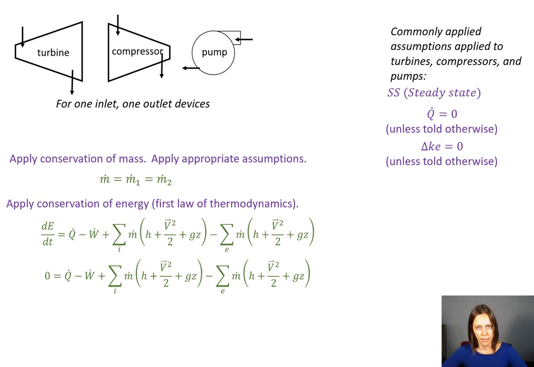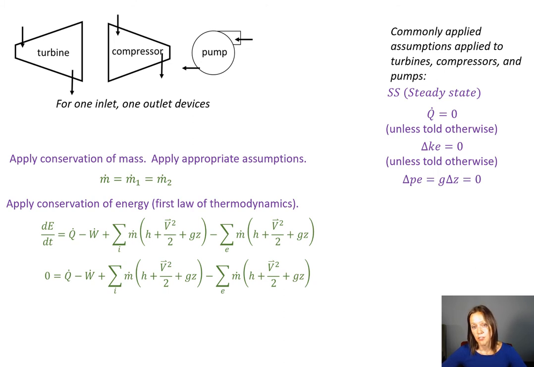Kinetic energy, same thing. In processes that would involve turbines for power production, your kinetic energy would not change that much. But there are some applications where the kinetic energy would change appreciably, and in that case, you would be told not to ignore those effects.